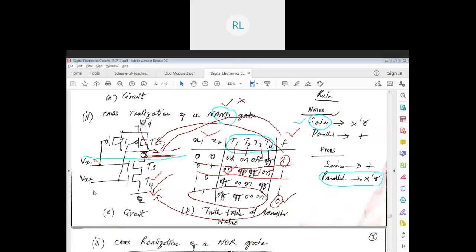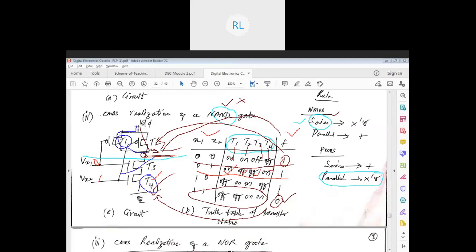Okay. Now what is happening to my output? Since one of the transistors is on, and the other transistor is off. Which transistor is on here? T1 is on. Let me use another color so that it will be easy. So T1 is on, and which is the other one on? T4. T4 is on.